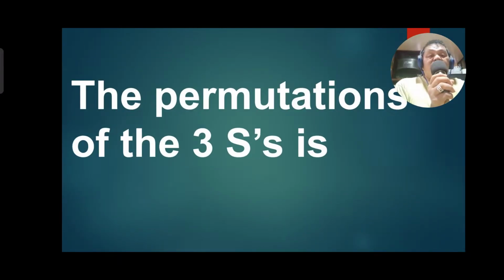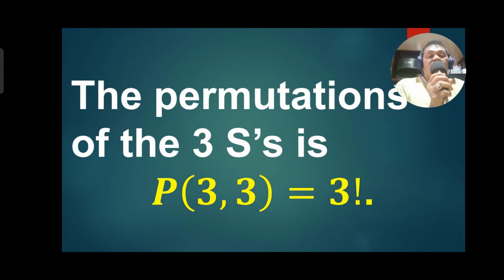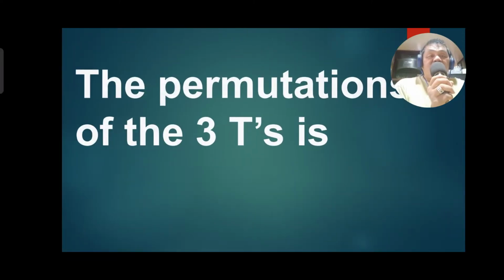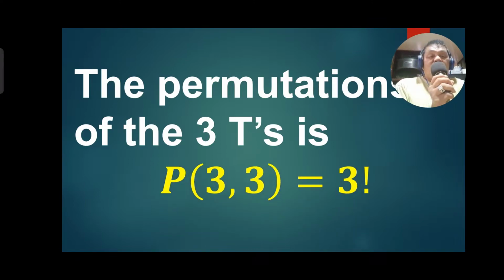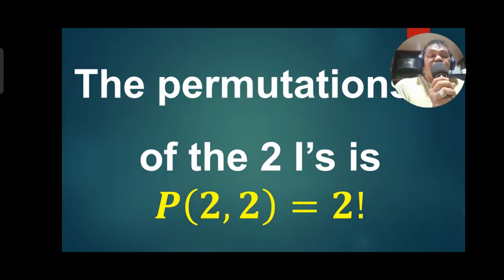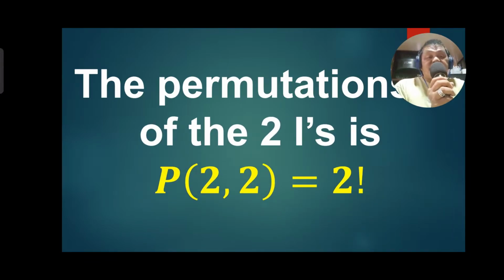So the permutations of the 3 S's is 3 factorial, the permutations of the 3 T's is 3 factorial, and the permutations of the 2 I's is 2 factorial.